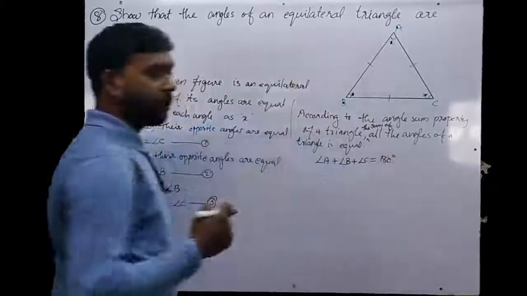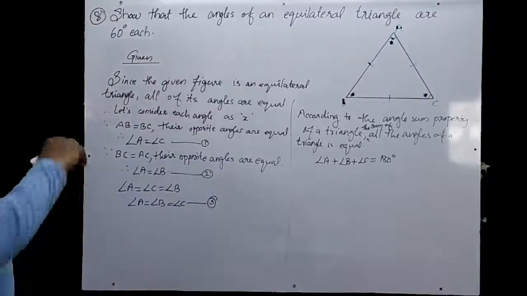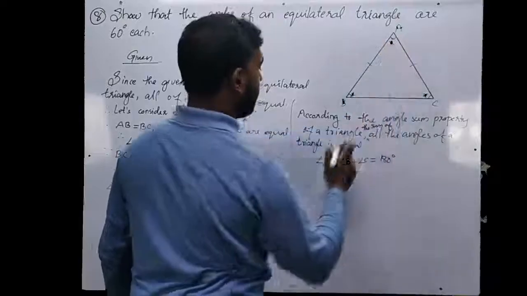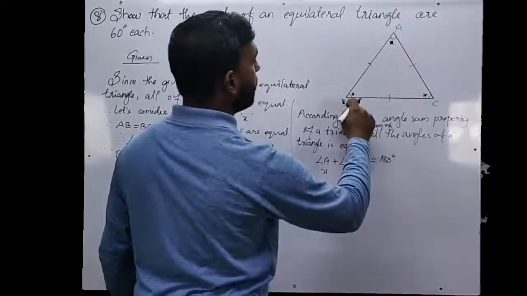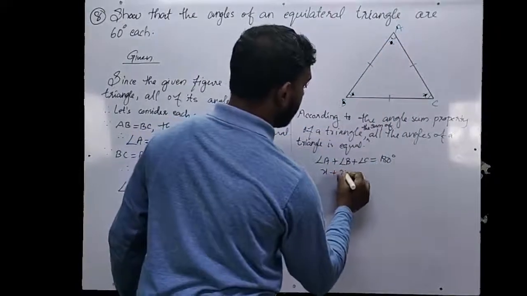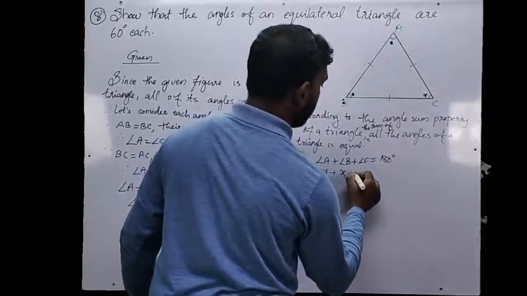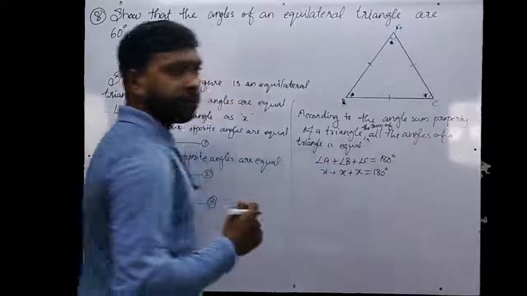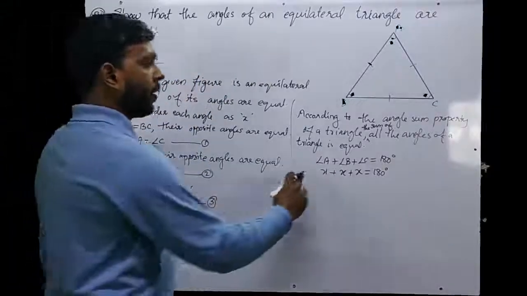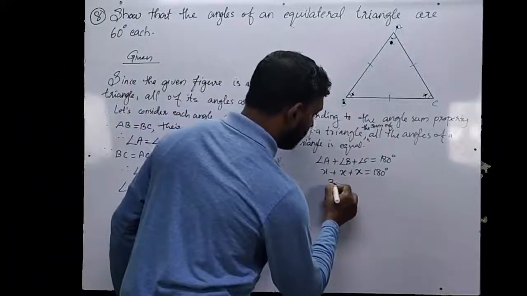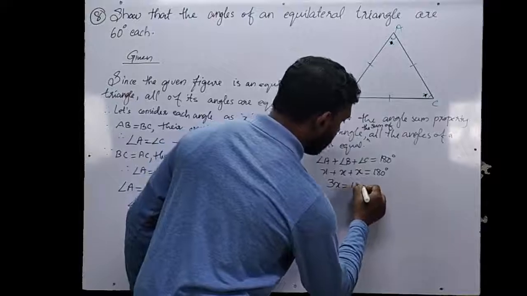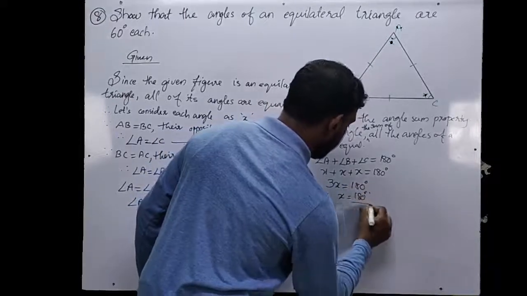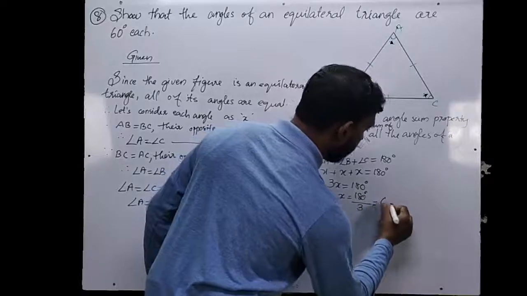That's what the property says. Now, angle A we know is x here, angle B is x, and angle C is x, so the sum is 180 degrees. Now, 3x is equal to 180 degrees. x is equal to 180 divided by 3.